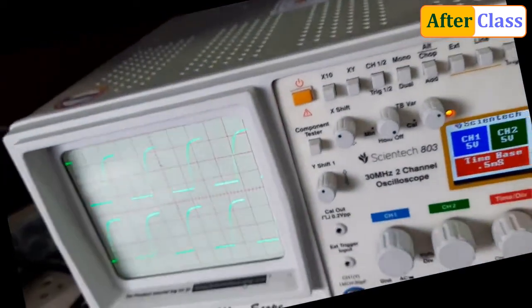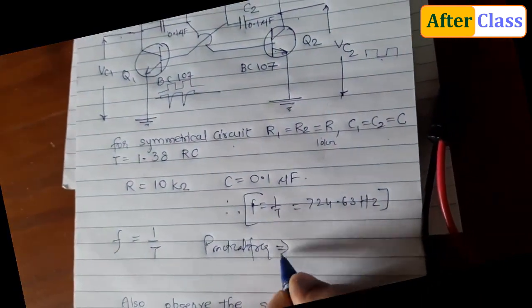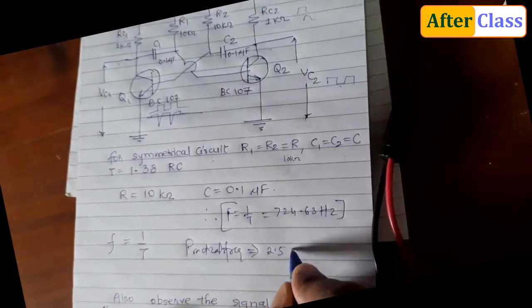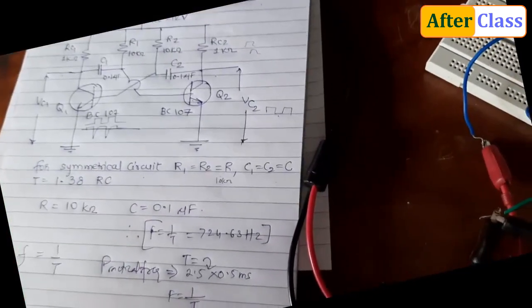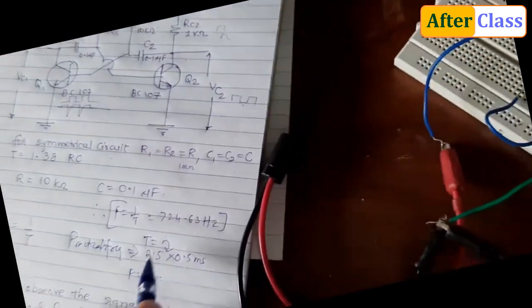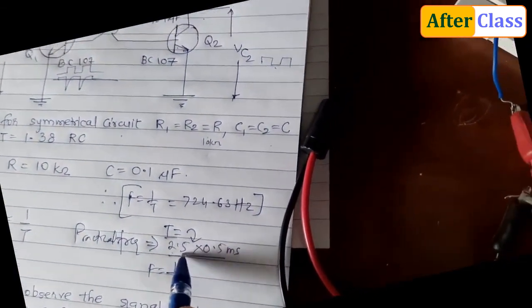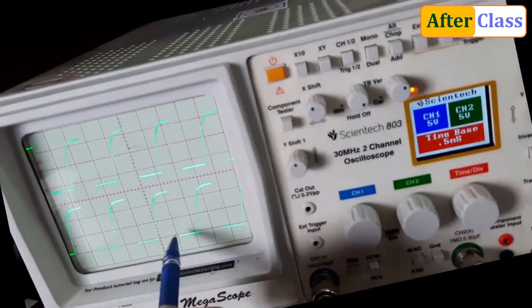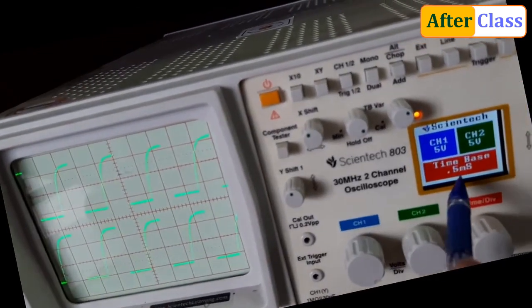So this is the practical frequency. As per your waveform, we are getting 2.5 divisions into a time base of 0.5 milliseconds. So from the CRO we have found that the time for one cycle is 2.5 into 0.5 milliseconds.